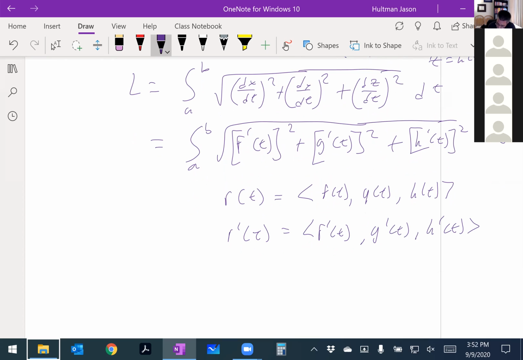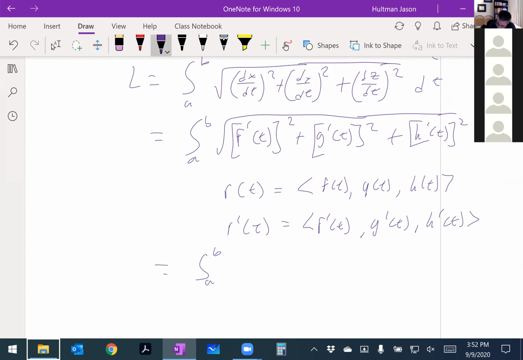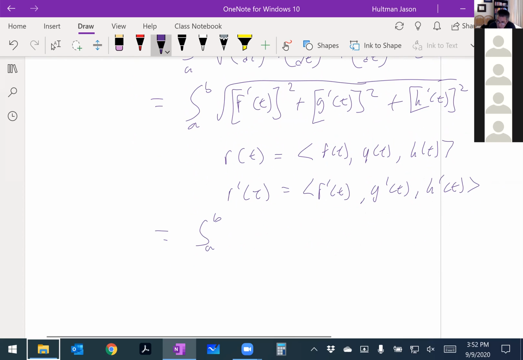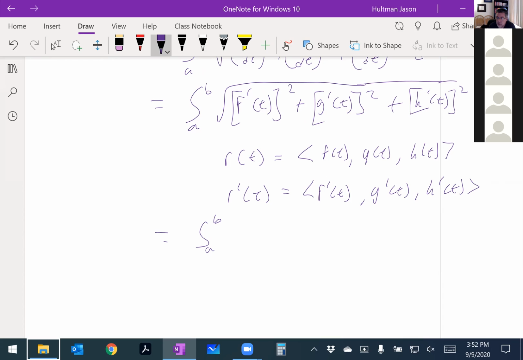And so what this really becomes is the integral from a to b of the square root of r prime of t dotted with itself, which is really the magnitude.